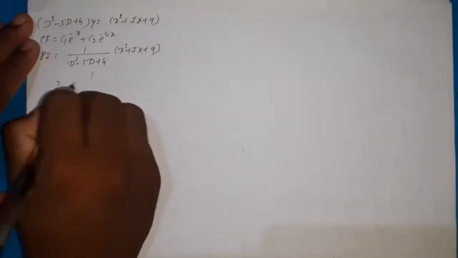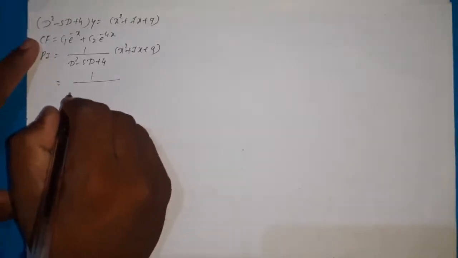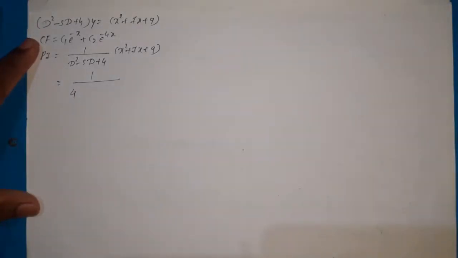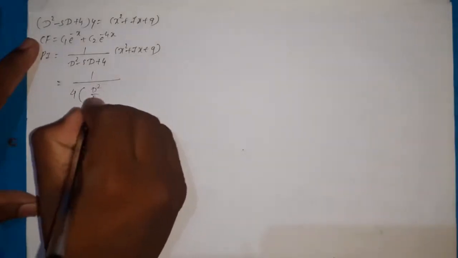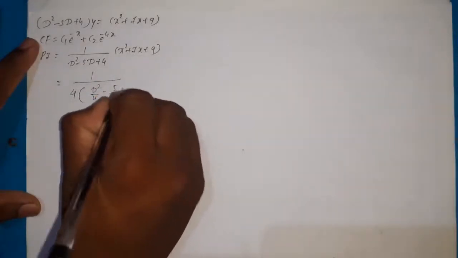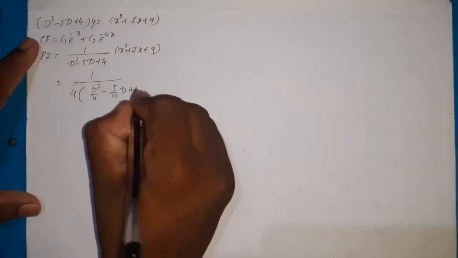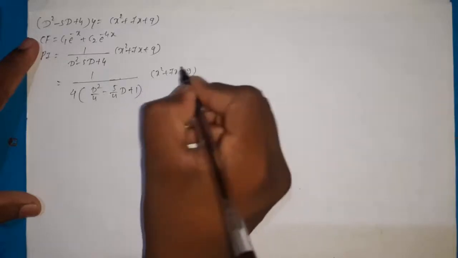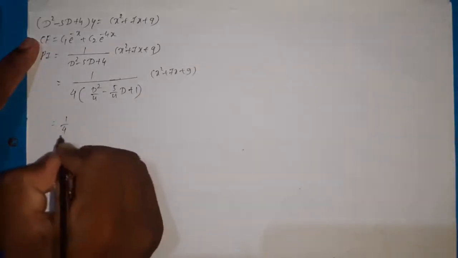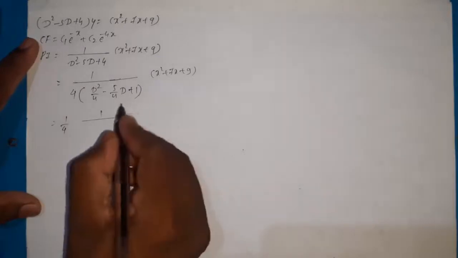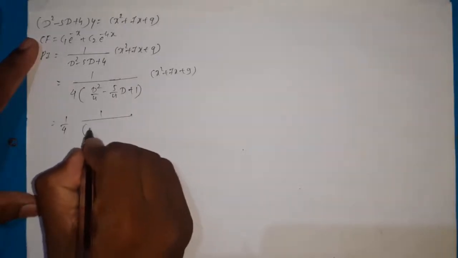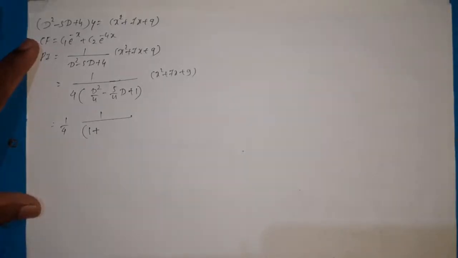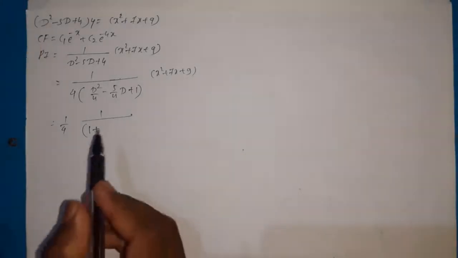Then the first step is taking the lowest degree term outside, that is 4. So 4 is the lowest degree term. Then remaining D square by 4 minus 5 by 4 D plus 1 into x square plus 7x plus 9. Then 1 by 4 as it is here. Write this in the systematic way, that is 1 plus, always 1 should be the first term.